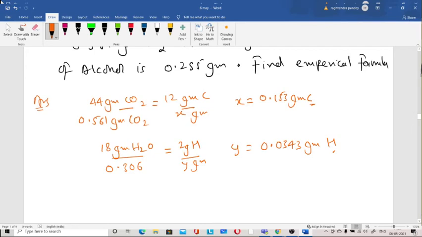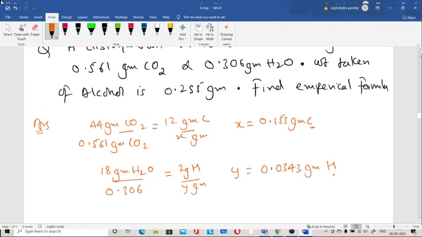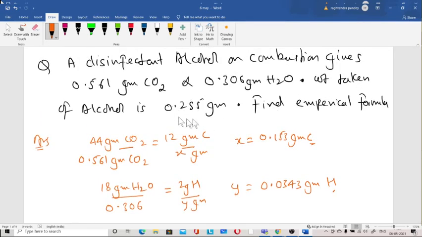Now what is the total weight? 0.255 gram. So 0.153 is carbon and 0.0343 is hydrogen, and the rest of the mass out of 0.255 is the mass of oxygen.